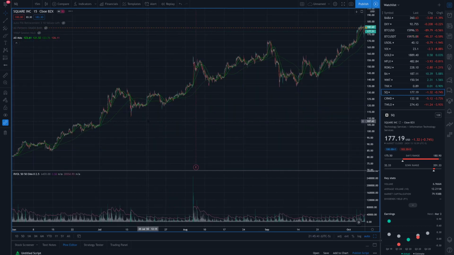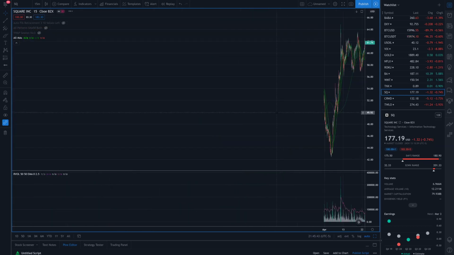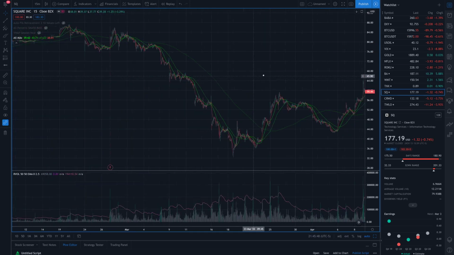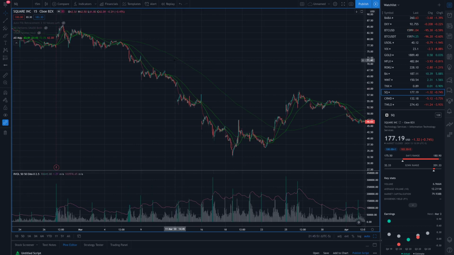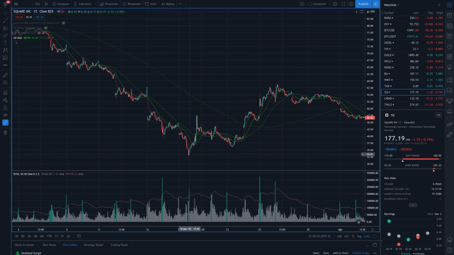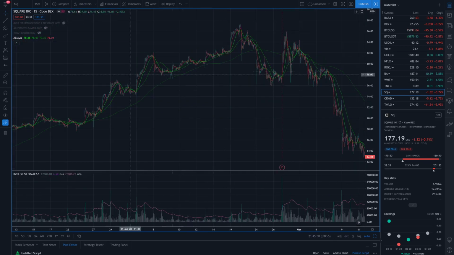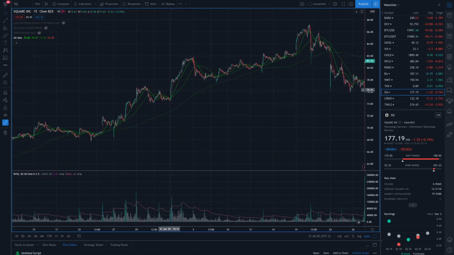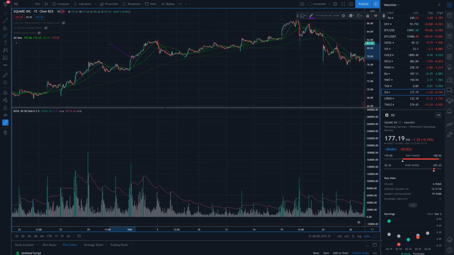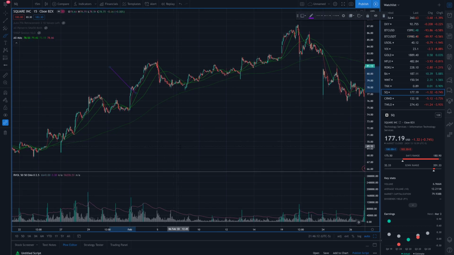So let's say a stock fell considerably. Let's go back to when the pandemic started and it fell. At the very bottom here, you see that before the pandemic, it was above these moving averages. These green lines are the moving averages. The lighter green one is the 20-day, and the darker green is the 200.